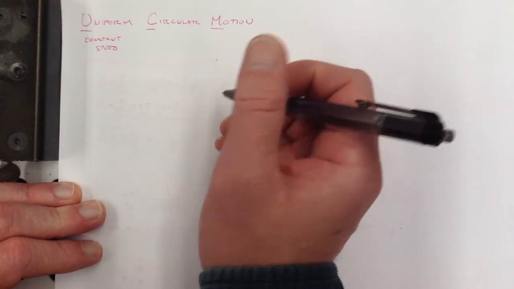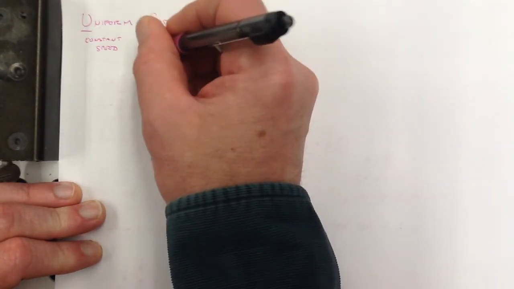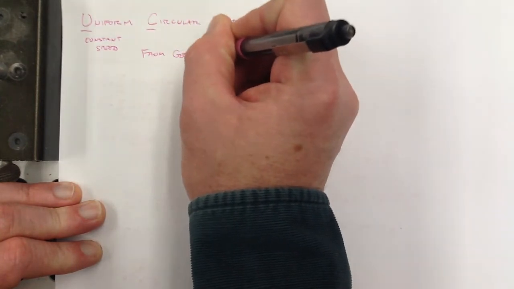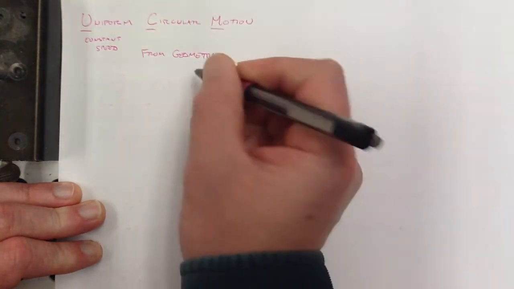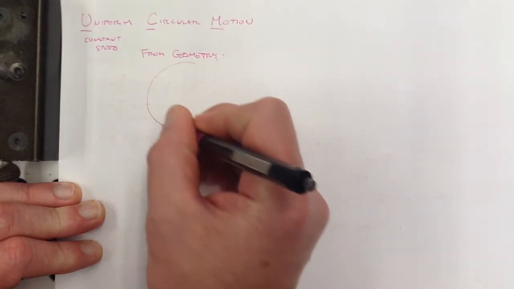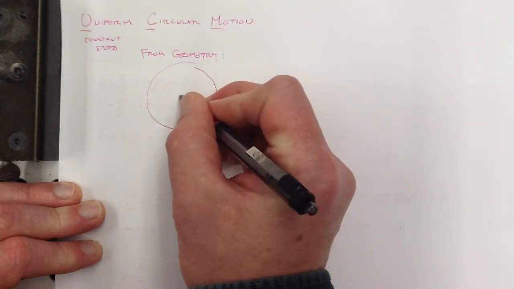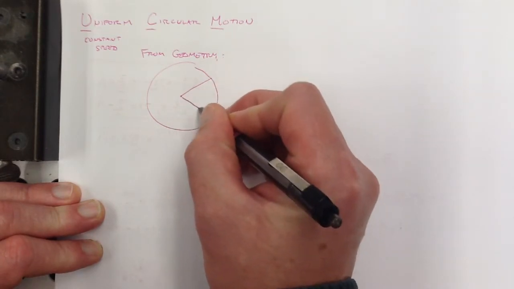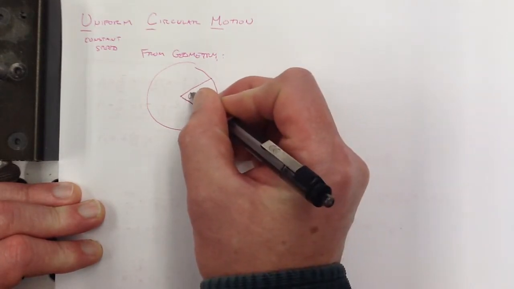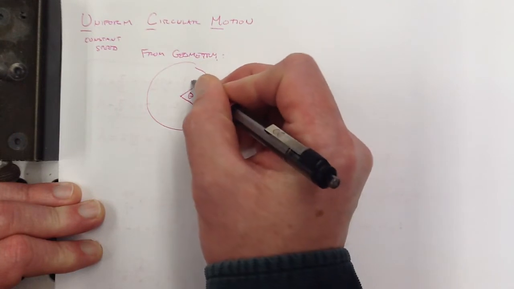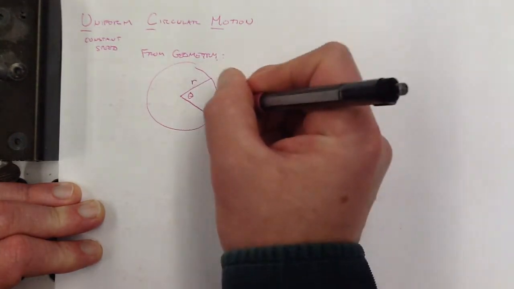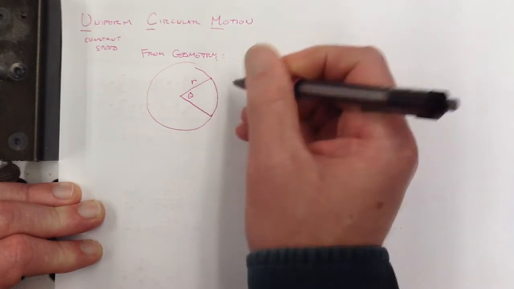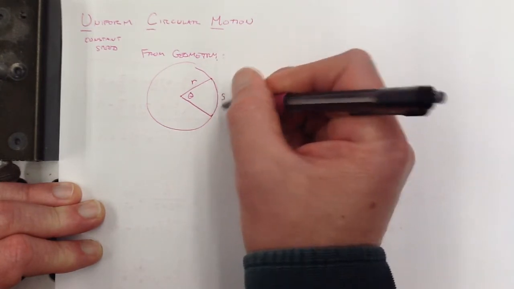Here's a fact from geometry. If you've got a circle and you have some angle, let's call it theta, and the circle has a radius of r, then probably in geometry you called this the length of this sector.